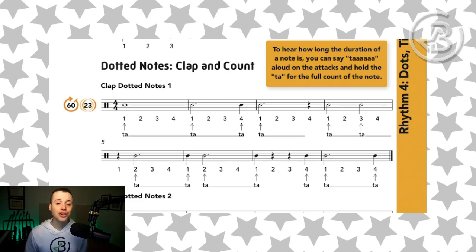So what we're going to do now is actually ta examples 23 and 24. Here we go. Going to listen for the pulse. Double check the time signature. 4/4, so 4 is the count. Here we go. 1, 2, 3, 4.